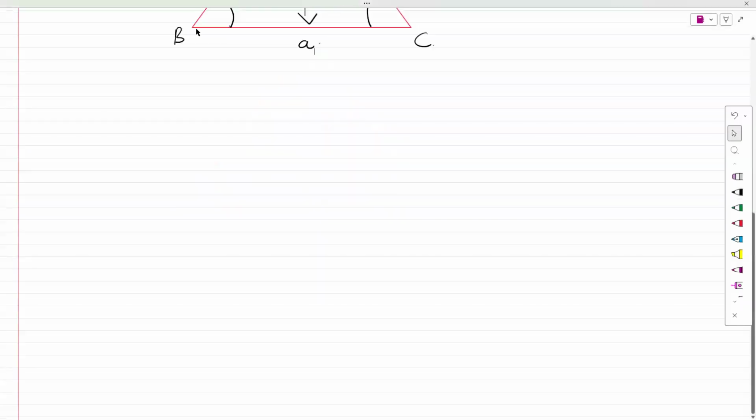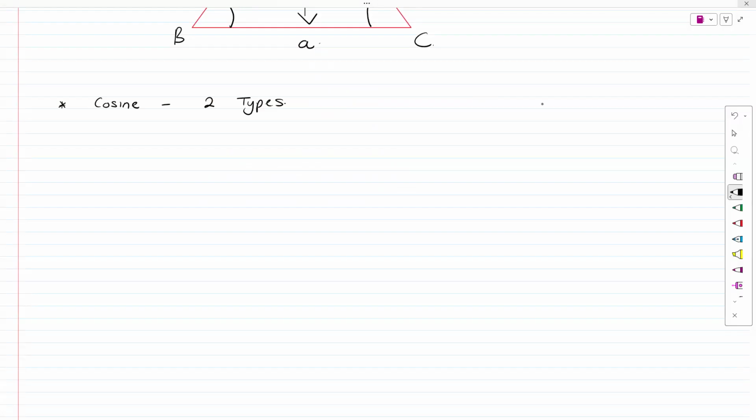We're going to start off learning cosine first. There's a reason: cosine only works with two types of questions. If it's not part of those two types, cosine doesn't work. So it's two types of questions, and that's all.